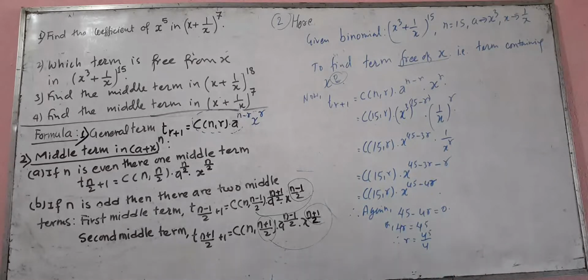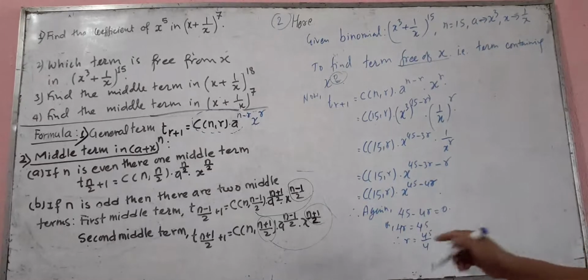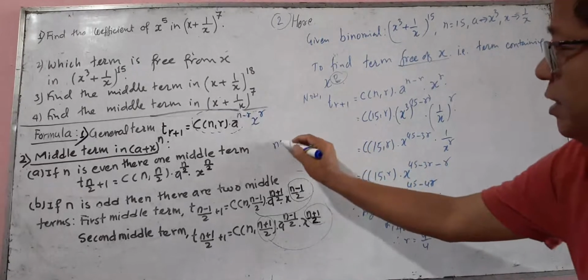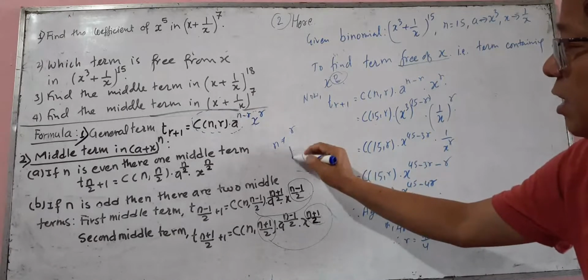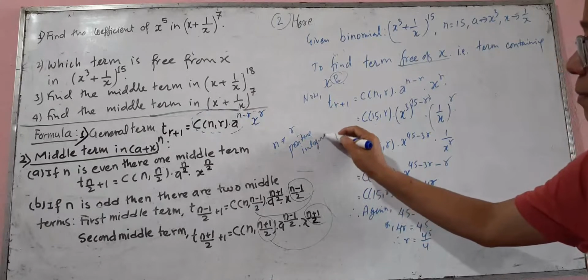What we see here? This r must be a positive integer. n and r are all positive integers.